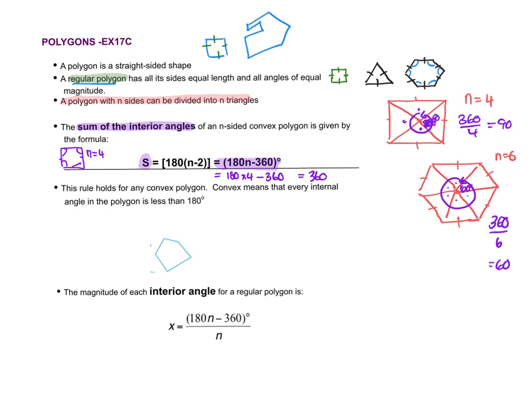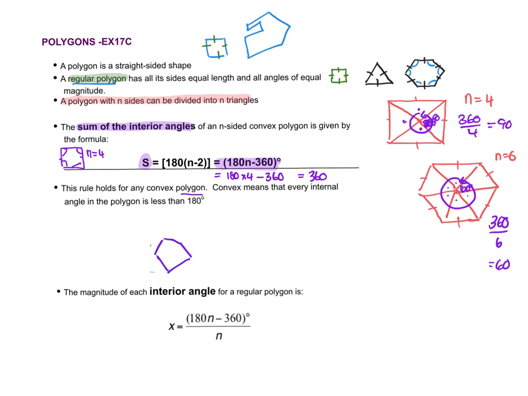It only works if the polygon's internal angles are less than 180. Really, you'll see that most of them are going to be regular anyway. If we had a weird shape, don't worry about it. Anyway, see how this is 1, 2, 3, 4, 5 sides.